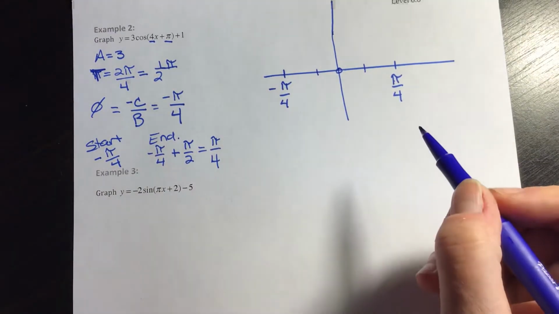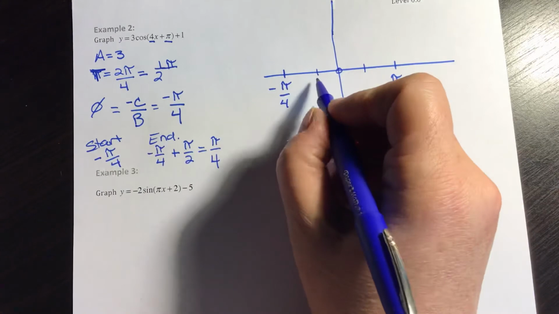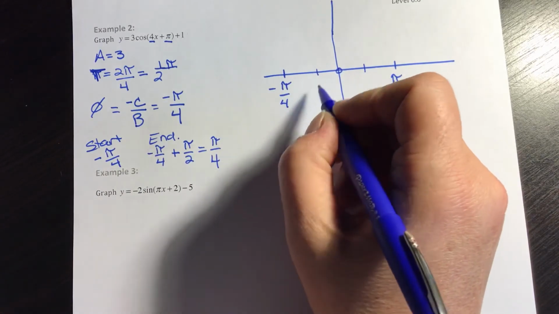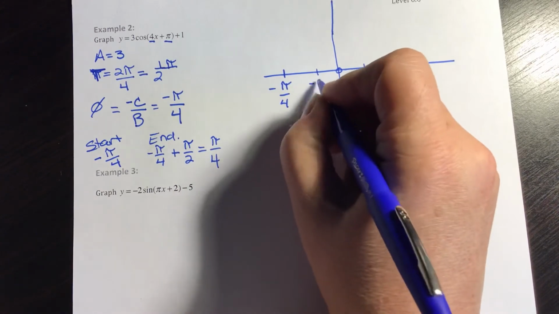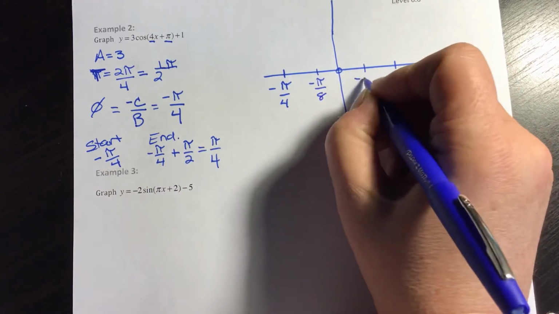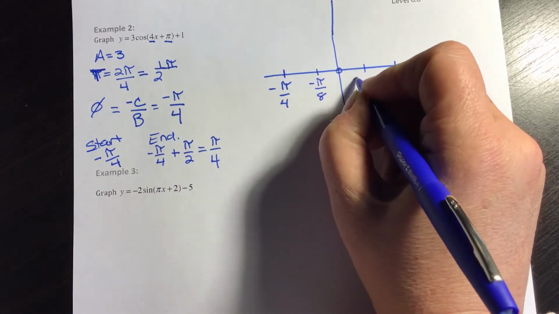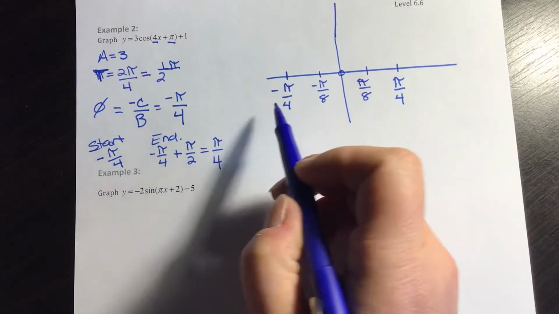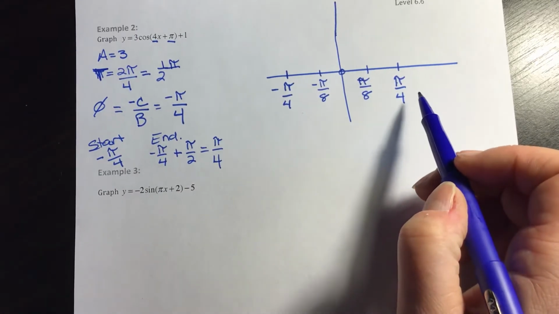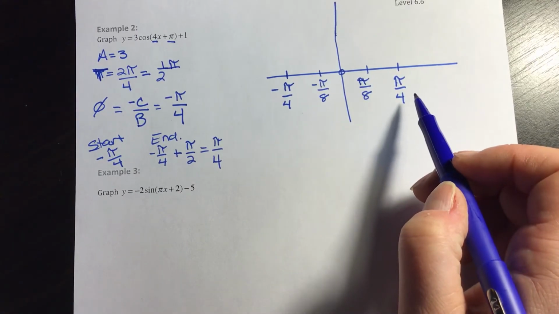I got 0 in between here. Let's say that this one is half of pi over 4, which is -pi over 8. And this one is just pi over 8. So here's my 5 points that I'm going to plot here.